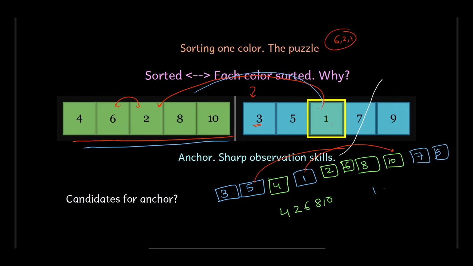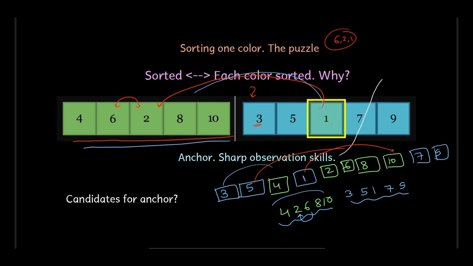So anchor will exist over here 1 7 9, and then you send this 5 back, and you know that 5 will have no problem jumping over all of these elements and landing here, and then you send this 3 back. So after you have sent all the elements back, look at the situation: you did not touch any blue elements, you did not touch any green elements, and you silently swapped 2 green elements.